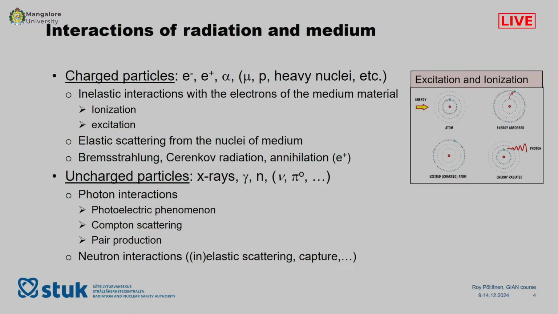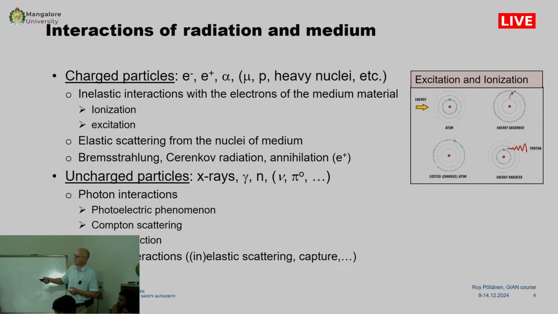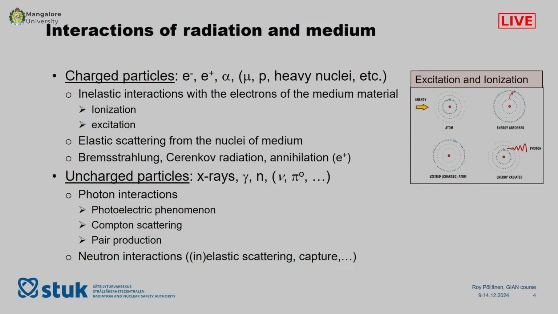And these are the main interactions for uncharged particles, I mean, in this case, photons: photoelectric phenomenon, Compton scattering, and pair production. In the case of neutrons, elastic or inelastic interactions are very important.